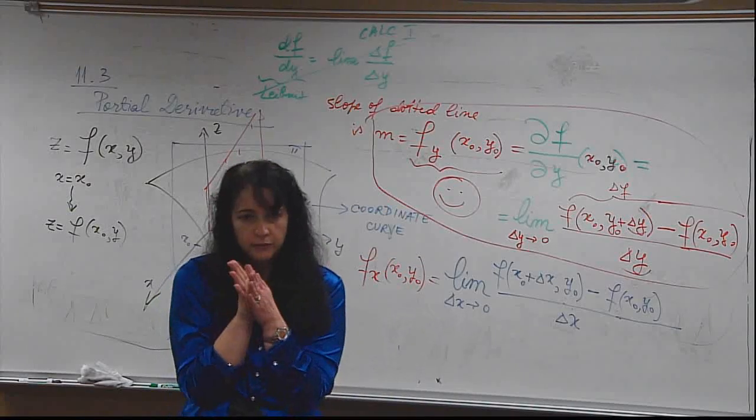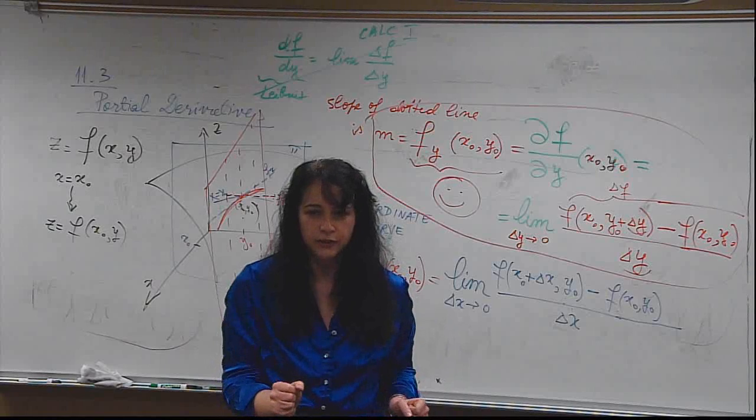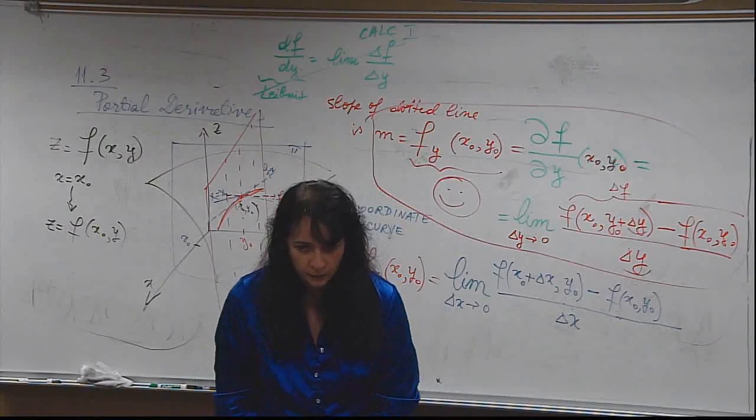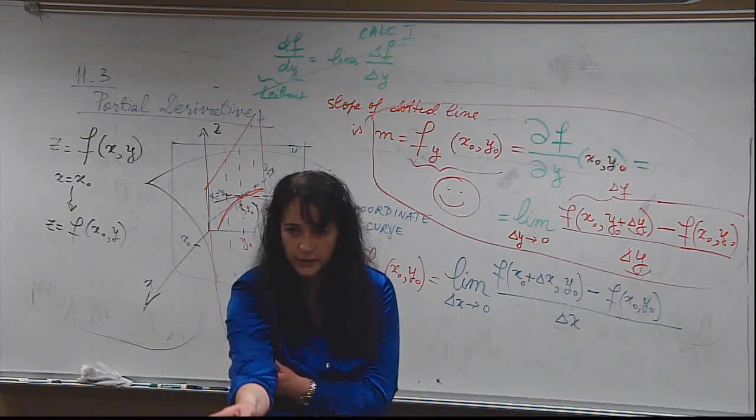When I take the derivative with respect to x, it's like I'm on top of a hill and I decide to go skiing. I point my skis like that, and the slope is going down in the x direction.